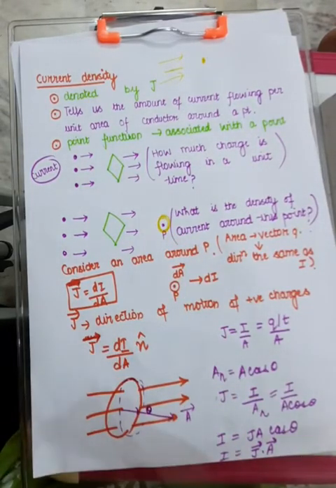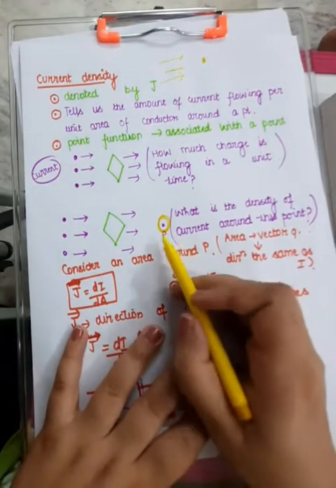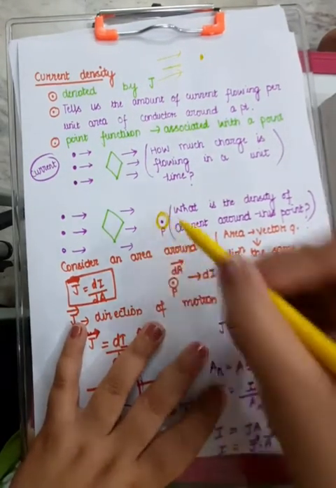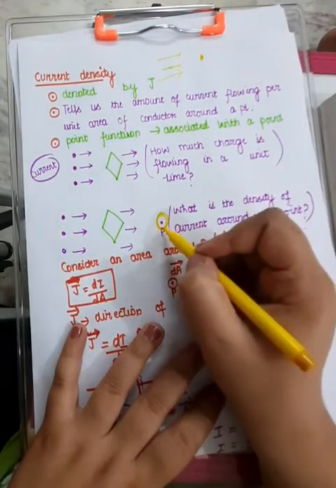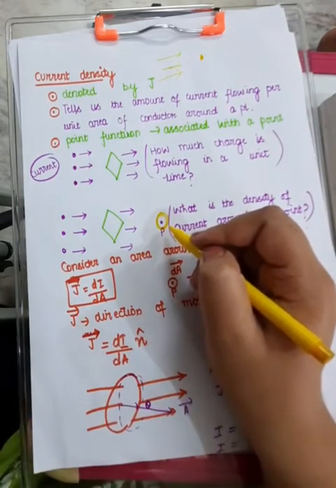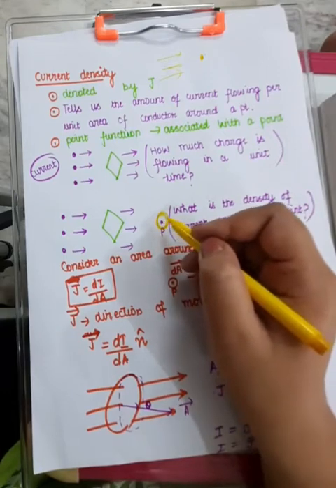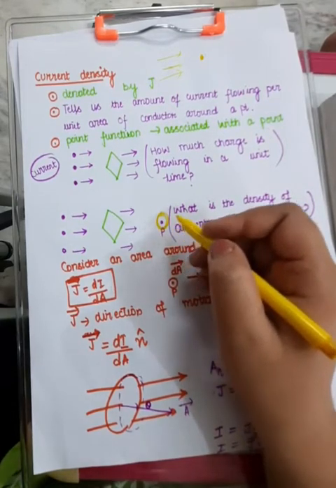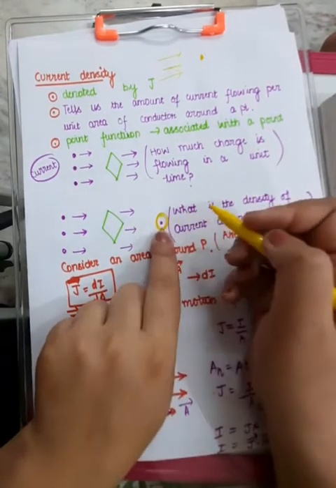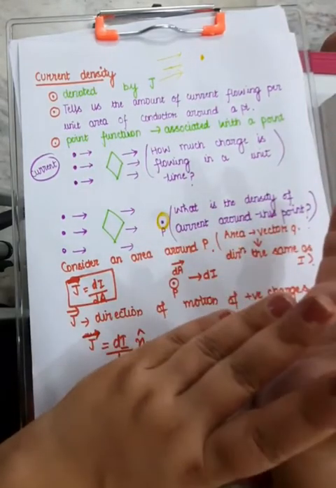Since we need to see the amount of charges flowing through, that area will be enclosing this point in which we are very, very interested. So we'll consider a very small, infinitesimal area around this point P, at which we want to know current density.